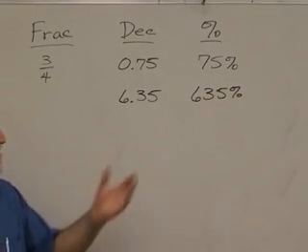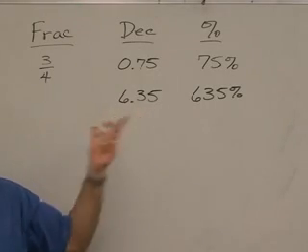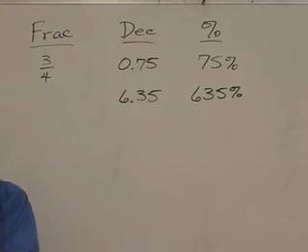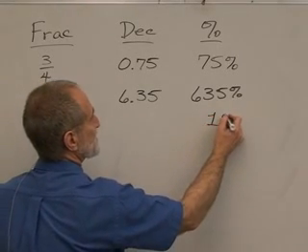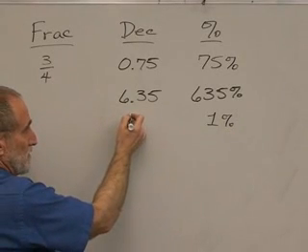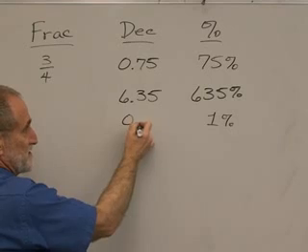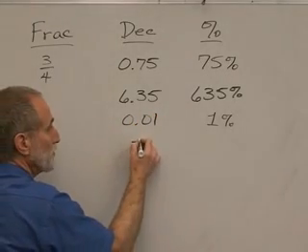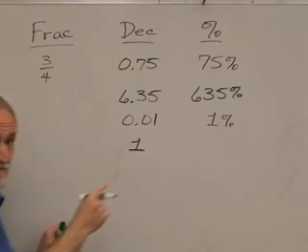Now, here's something that's good in math, that's good in all of life. When in doubt, remind yourself of something you know is true. 1% is what as a decimal? It's 0.01, isn't it? The whole number 1 is what as a percent?